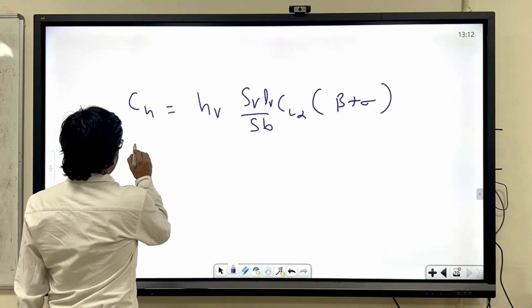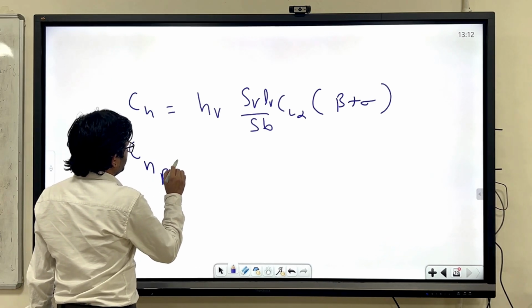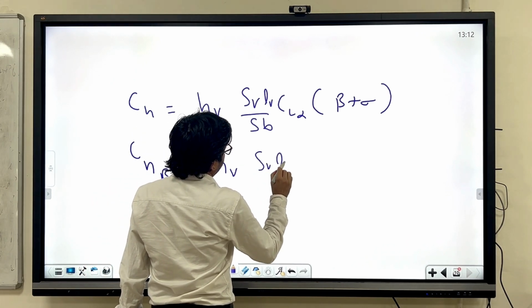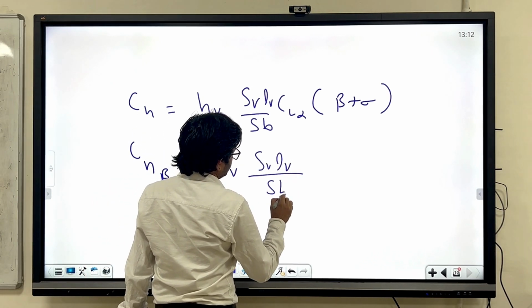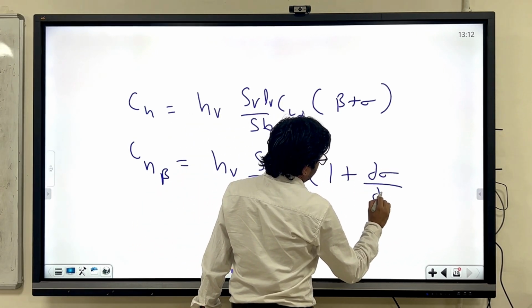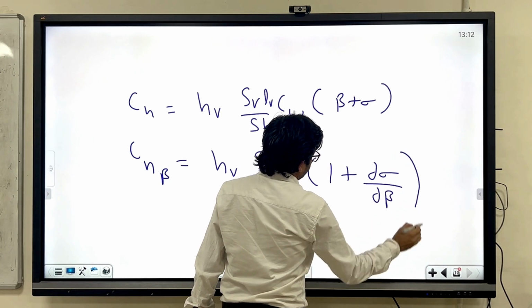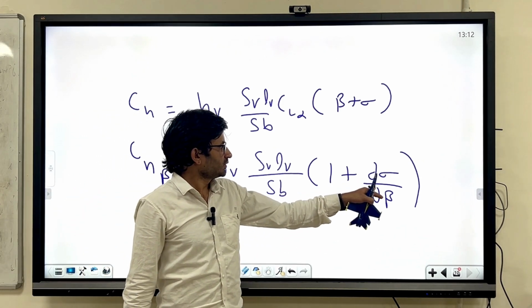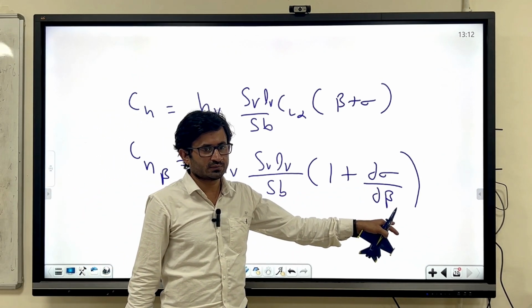So if you differentiate with respect to beta, what will you get? Eta V, SV, LV, SB, 1 plus dou sigma by dou beta. This value you can find from the literature, dou sigma by dou beta.